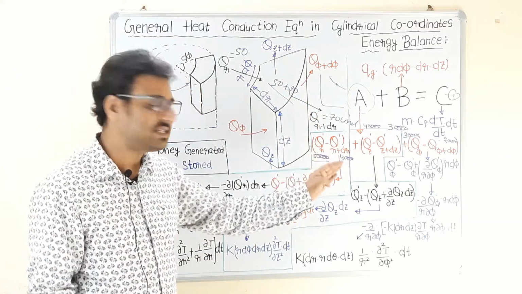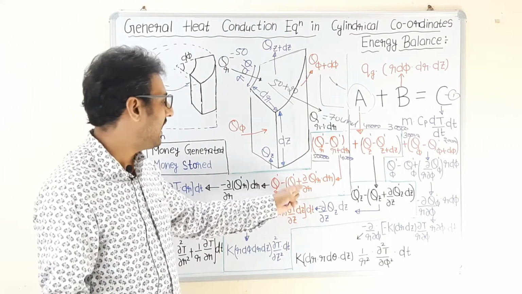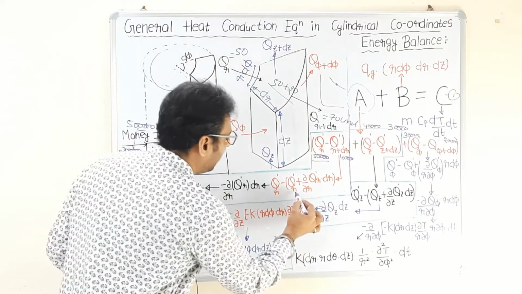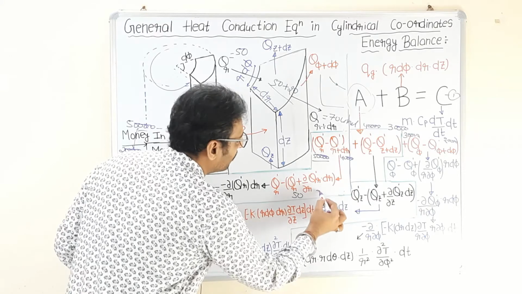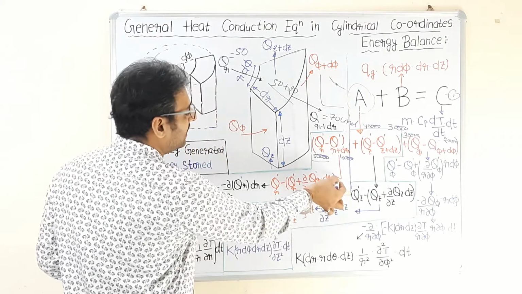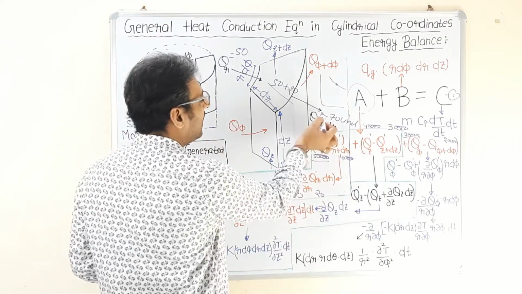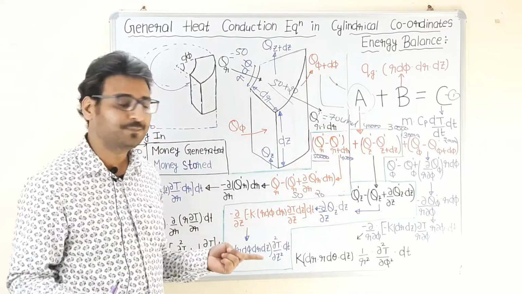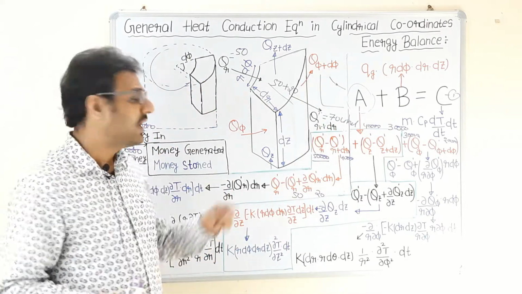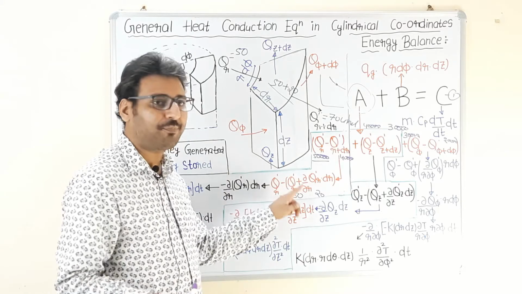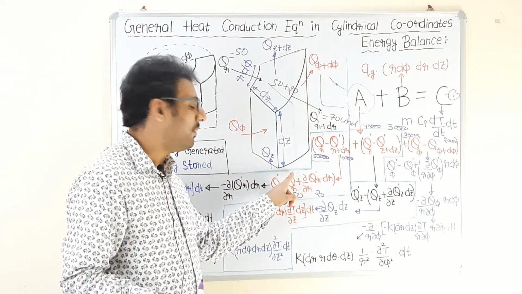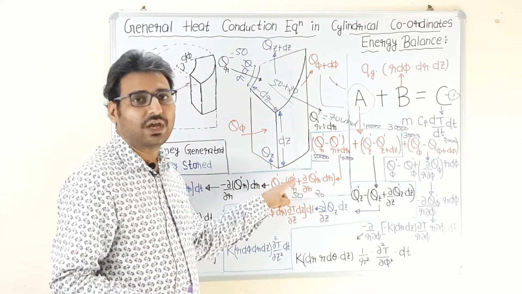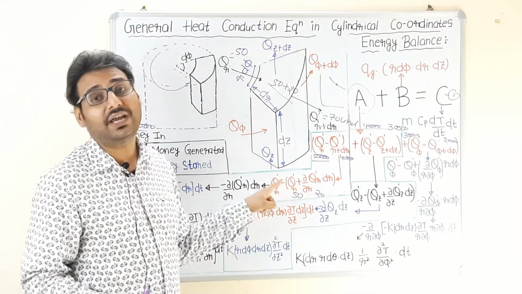So we have done this in a similar way in the Taylor series expansion. Heat entering the control volume plus total change will be equal to the total heat leaving the control volume in a certain duration of time. Now you can notice that I have put a bar on the top of the Q. This is showing heat content, not heat transfer rate.